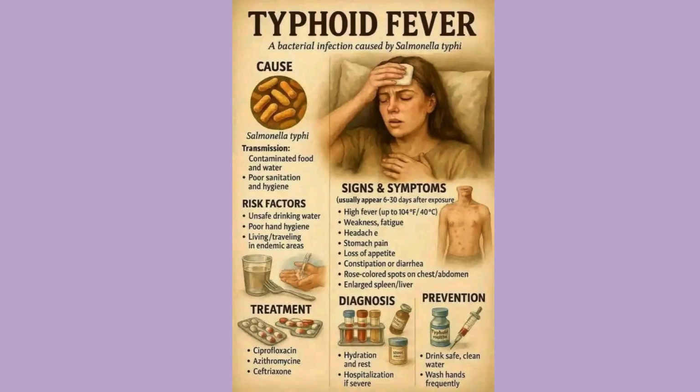Important considerations: complete the full course. It is vital to take all prescribed antibiotics exactly as described, even if symptoms improve quickly, to ensure the infection is fully eradicated and to prevent the development of antibiotic resistance.